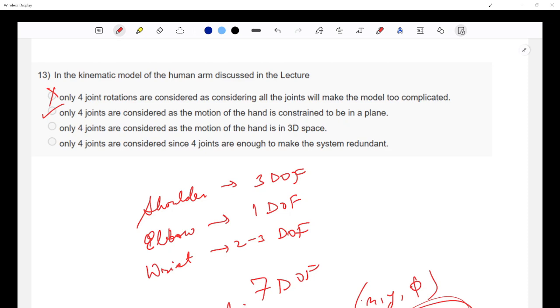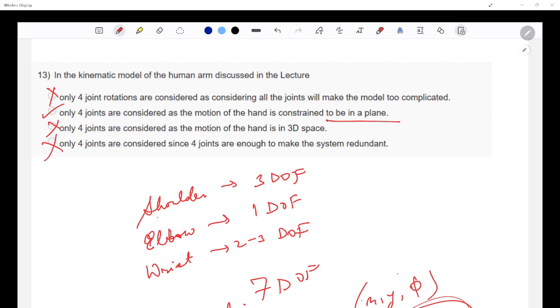If motion were 3D, we would need degrees of freedom greater than 6. 4 DOF is not sufficient for full 3D, so it is also wrong. And then only 4 joints are considered since 4 joints are enough to make the system redundant. Redundancy is a consequence and not the reason. So the primary reason is the planar motion constraint. So this is also incorrect.